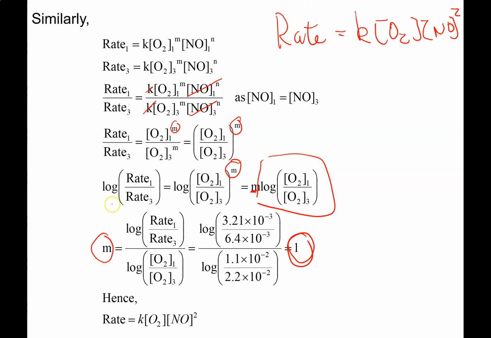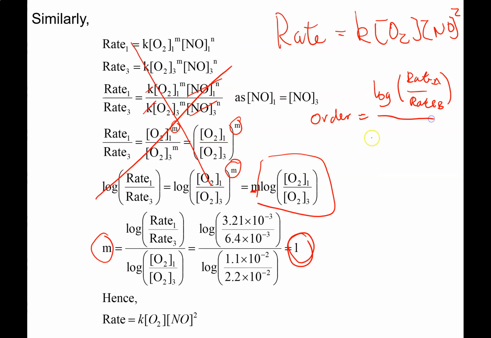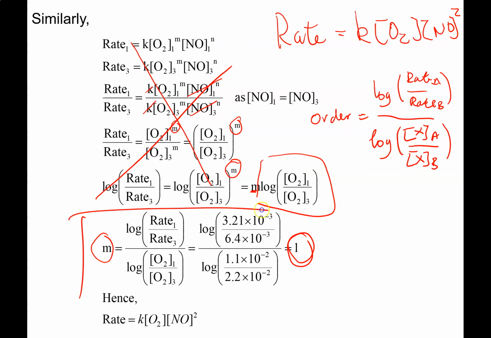So you don't have to do all of this. You're just going to do something like this. You're just going to go that the order is equal to the log of rate A over rate B divided by the log of the concentration of your thing in reaction A over the concentration of your thing in reaction B. You're just going to skip to the end.